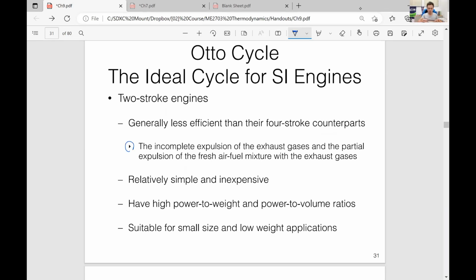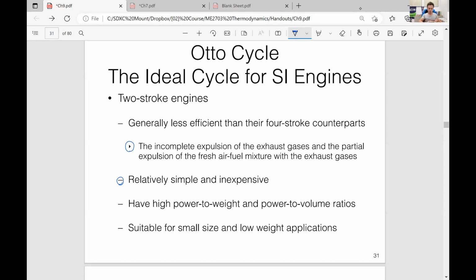This is because of the incomplete expulsion of the exhaust gases and partial expulsion of the fresh air-fuel mixture with the exhaust gases. And like I just mentioned, usually two-stroke engines are relatively simple and cheap.